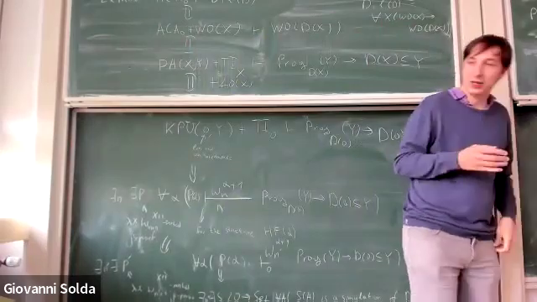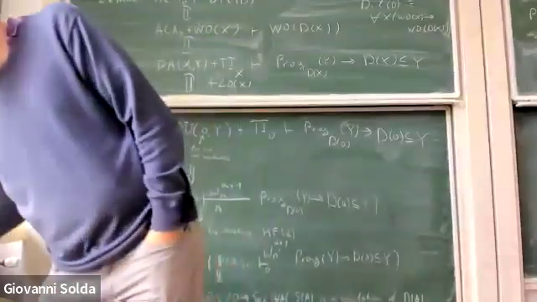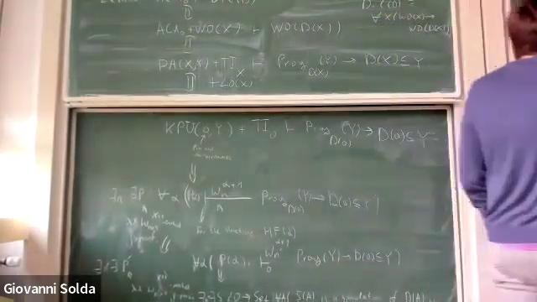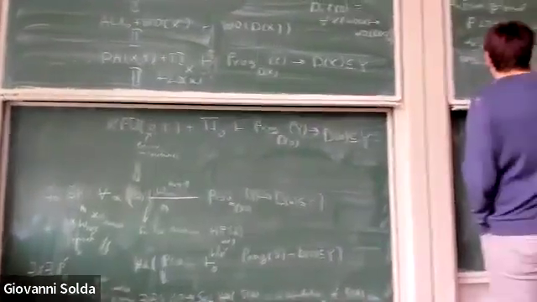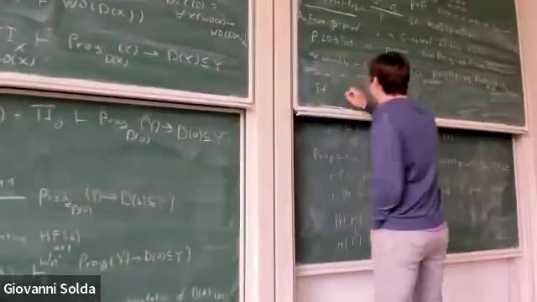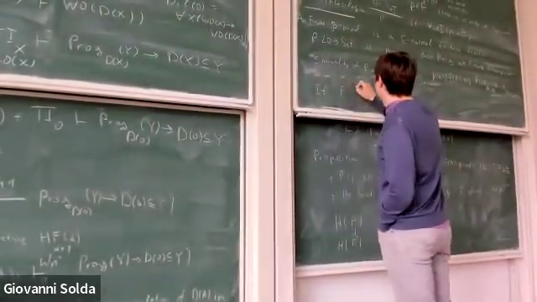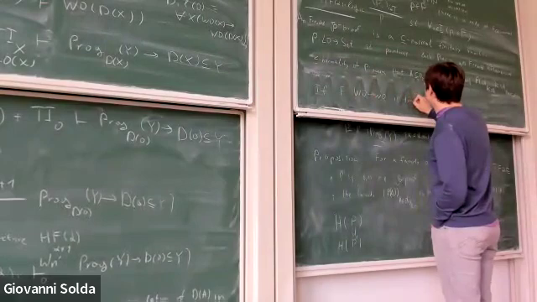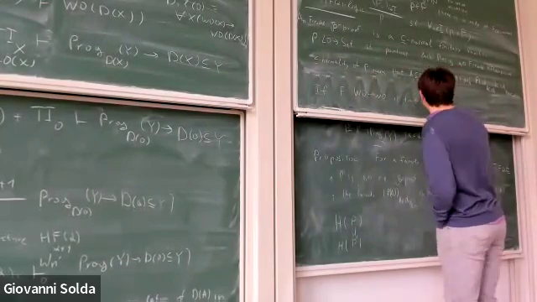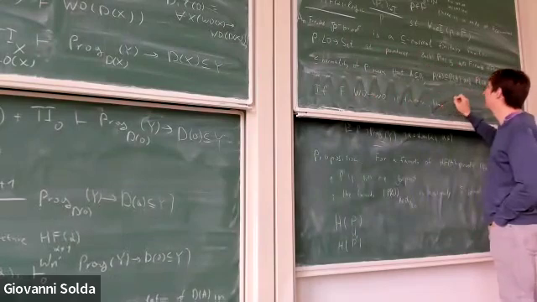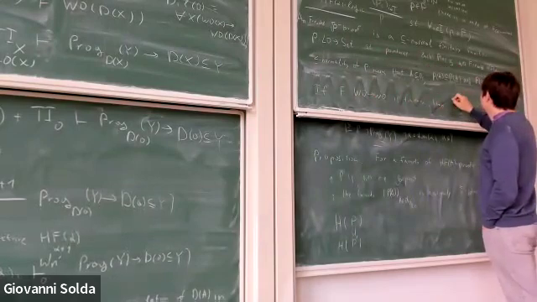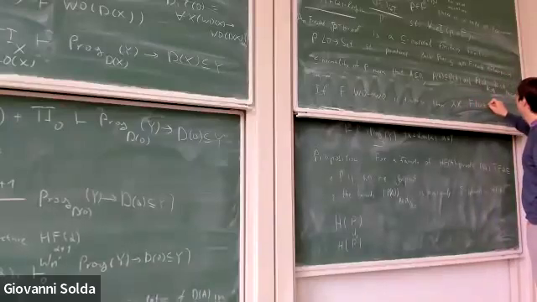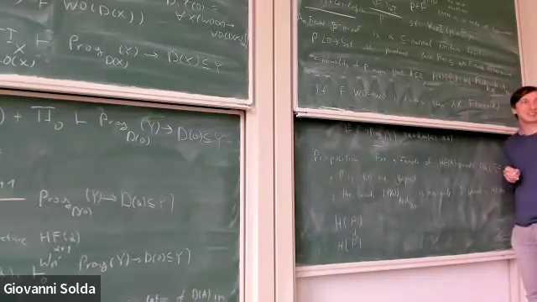For example, one connection is this. If f is finite, then lambda f of omega plus omega x is a delta.